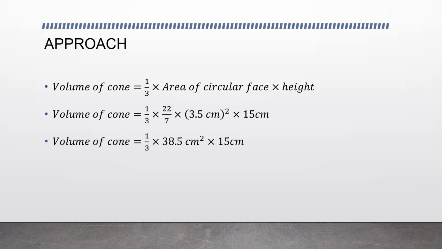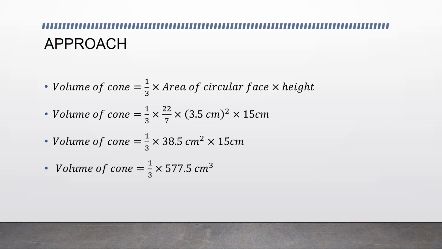Of course, we found the area of the circular face by multiplying pi times r times r. We arrive at 38.5 square centimeters. Then we find the product of 38.5 square centimeters and 15 centimeters.